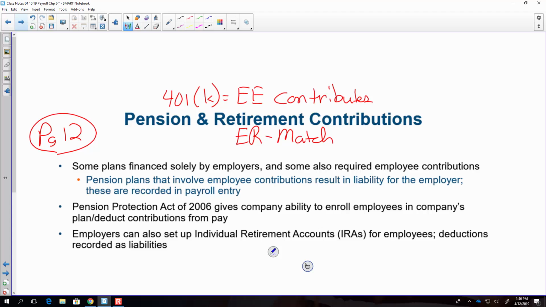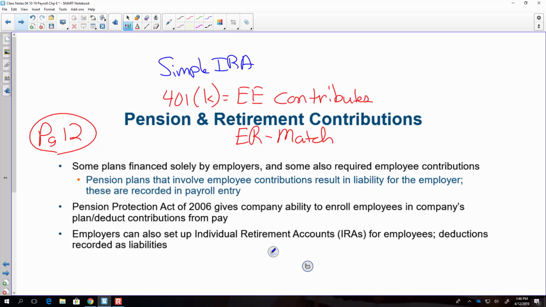These plans can be named differently. Some plans are called simple IRA. The author likes to use this plan quite often. A lot of smaller companies may have a simple IRA, but that's kind of what they're talking about here. Not all employers have them. You don't have to have a pension or retirement plan.